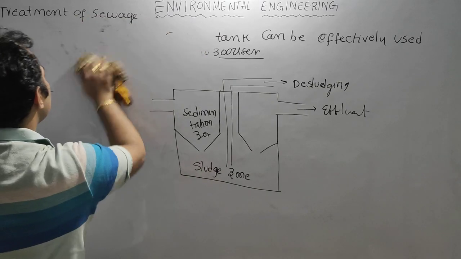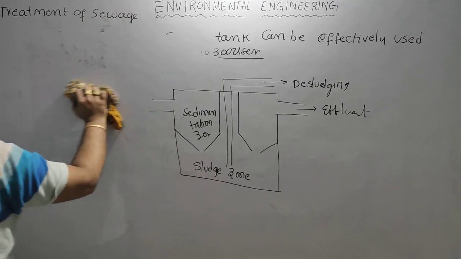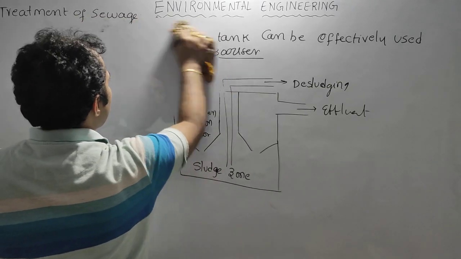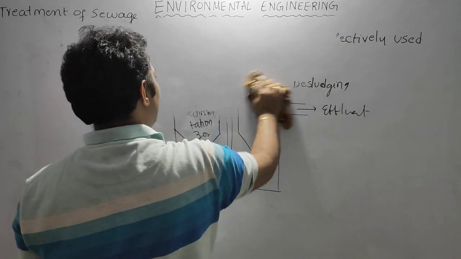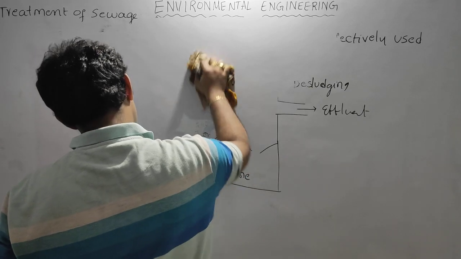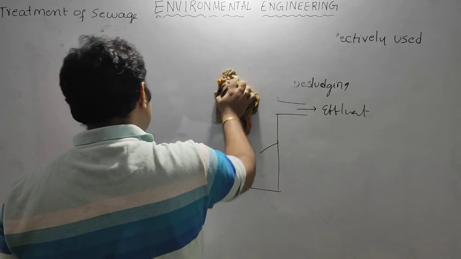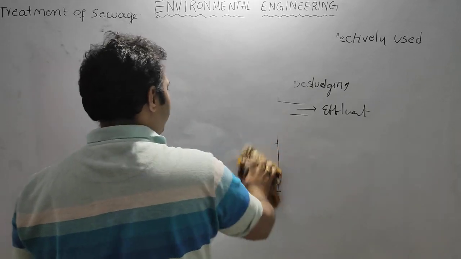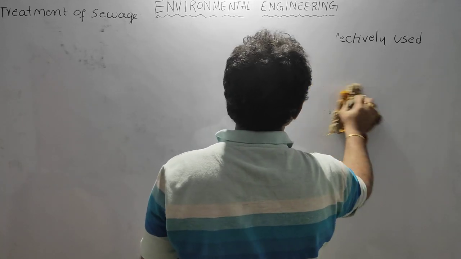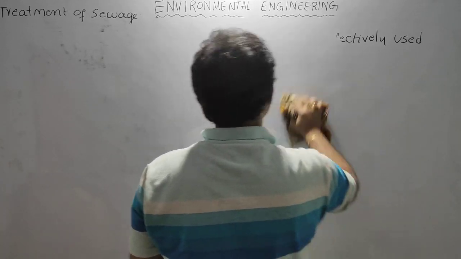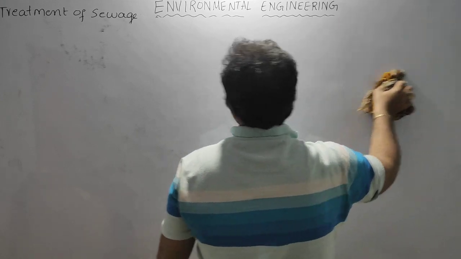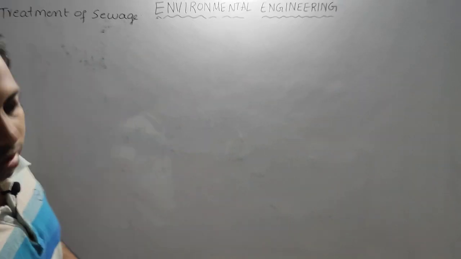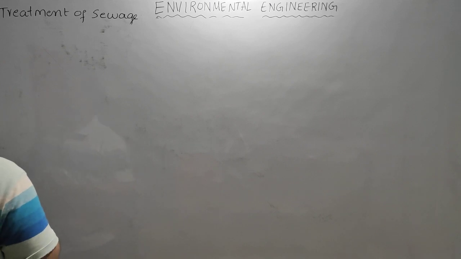The byproducts generated out of secondary treatment using an oxidation pond are very stable. They don't need further treatment, so they can be used as manure also, which are plant nutrients. Okay, so let us see the oxidation pond.